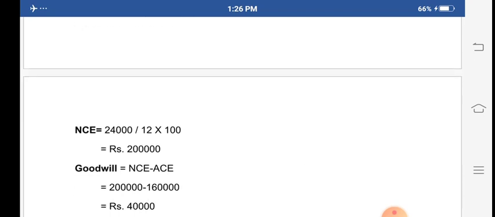Now put into the formula: normal capital employed, rupees 2 lakh, minus ACE, which is given in the problem as rupees 1 lakh 60,000. The remaining amount is rupees 40,000, which is the value of goodwill. Like this you have to calculate the value of goodwill under the actual capital employed approach. I hope you understand. Like this you have to solve the problem. Thank you.